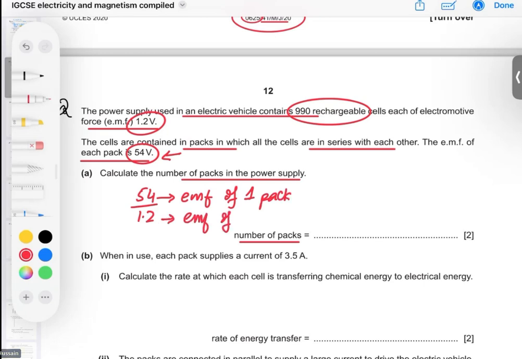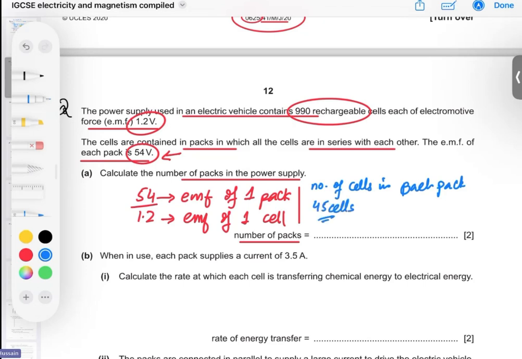With this I will get the number of cells in each pack. 54 divided by 1.2 is 45.